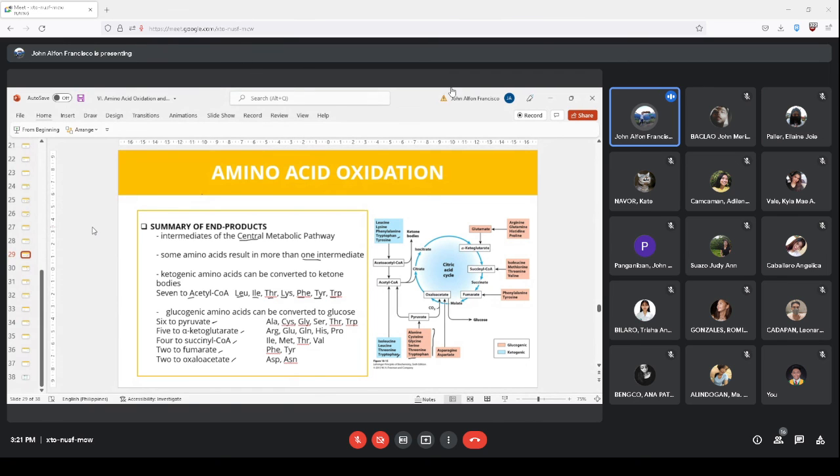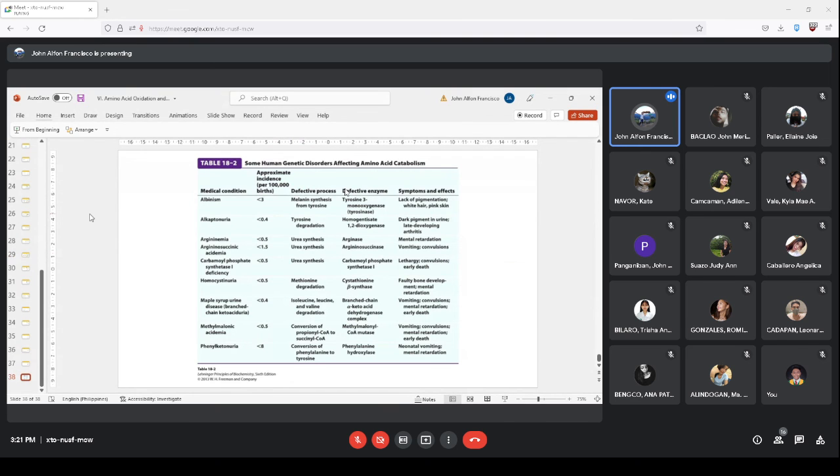Aside from the amino group that we discussed earlier, which can be converted to urea, uric acid or ammonia, the remaining carbon skeleton of the amino acid can be further converted to small precursors of different catabolic pathways, specifically for the citric acid cycle and glycolysis. Okay? The last slide includes some human genetic disorders related to amino acid catabolism.